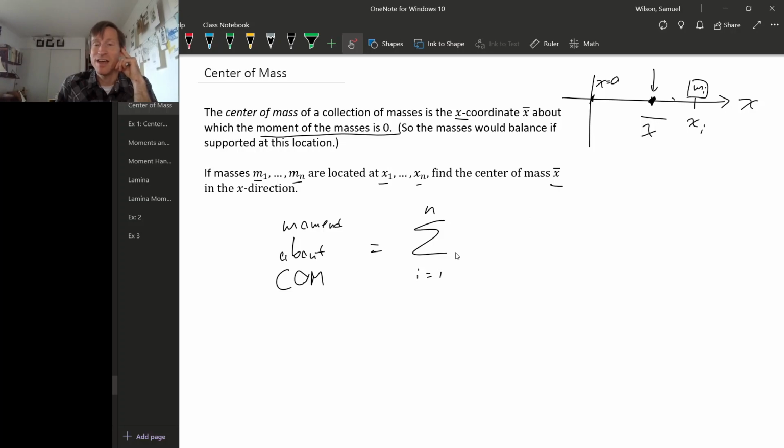So the mass of mass i is m sub i. And now we need to write down the displacement of this mass from the place where we're measuring the moment, which is the center of mass, x bar. So this is just x sub i minus x bar.